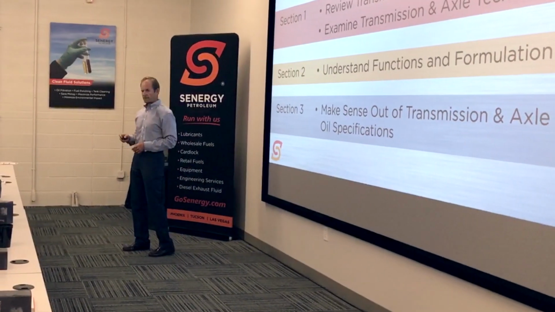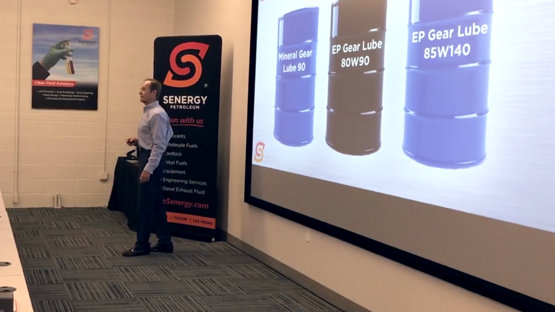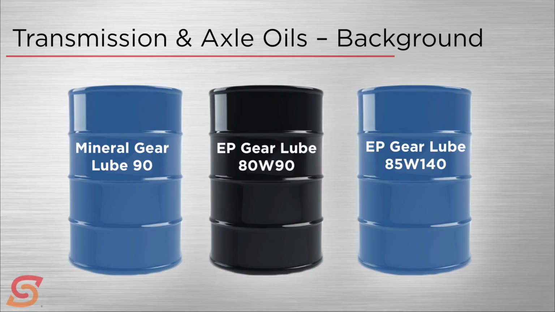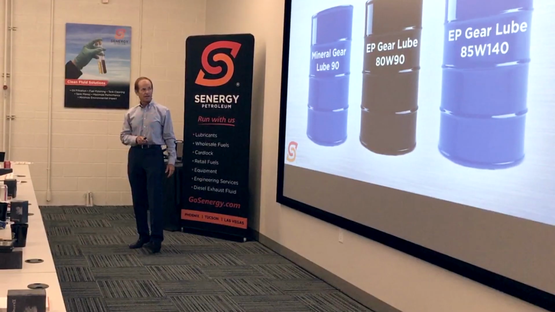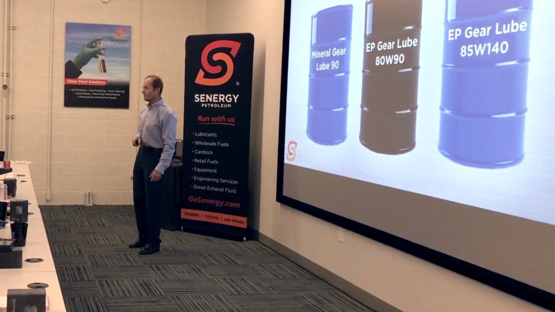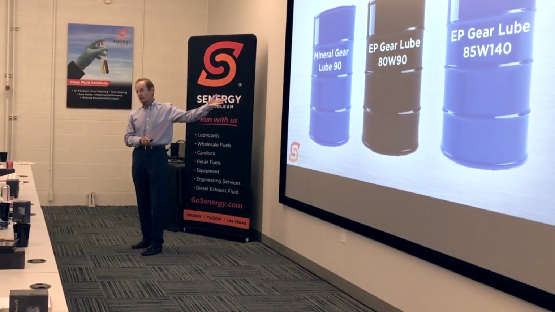So we're going to start off with the basics and the background of where we came from. The once upon a time. Once upon a time, this is what you needed to know about your transmission and axle oils, right? Every transmission was a manual transmission, and every final drive was either a spiral bevel or hypoid gear, and you had a mineral gear lube 90 called for in some gearboxes.